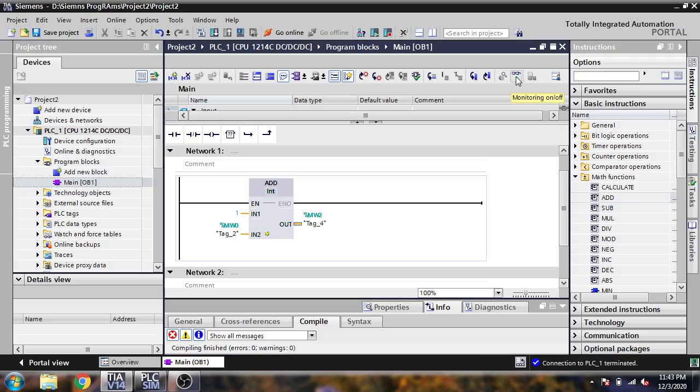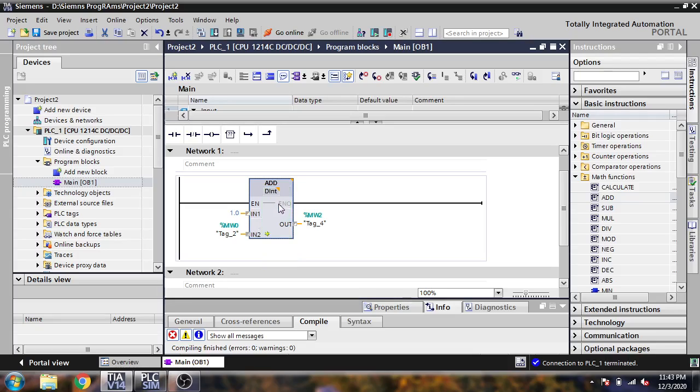MW is an integer tag, so that's why I am going to use it. We could also make that function real, but it will not support real because MW0 is not supported for real.